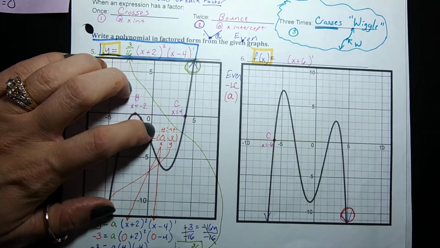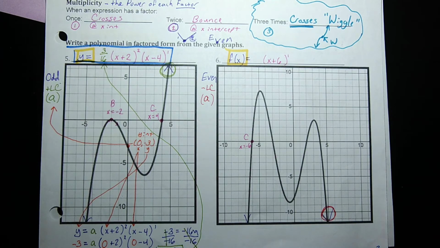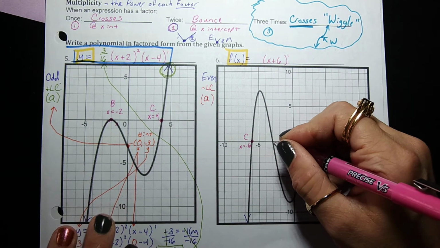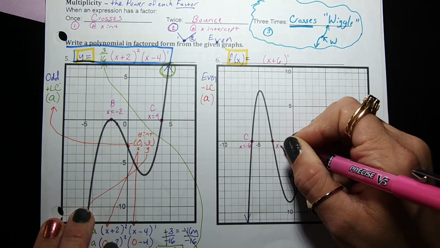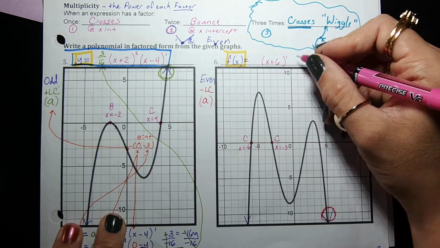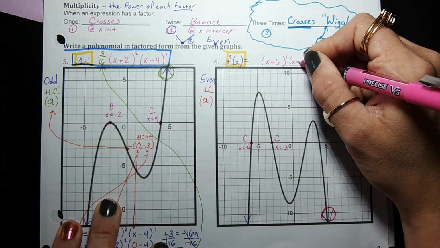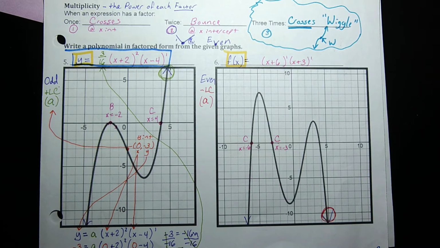Since it's crossing, we're just going to say multiplicity of 1. Keep it simple. Where's our next x-intercept? 1, 2, 3. x equals -3. This is also crossing. So x plus 3 as a factor with a multiplicity of 1. See if you can identify the next two factors.